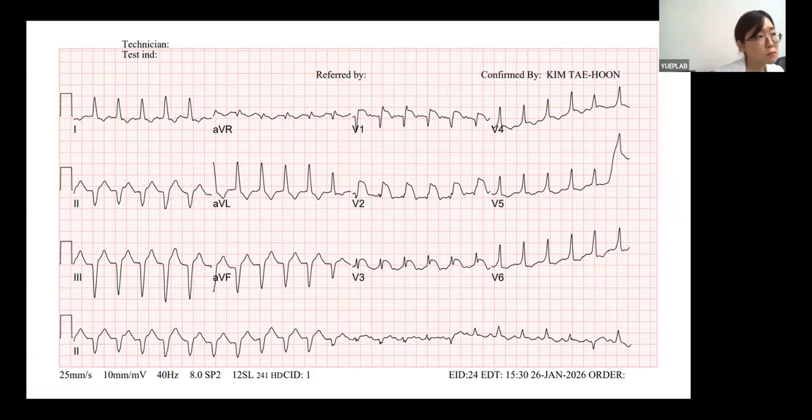So then what do you take the first wide QRS to be? Is it ventricular rhythm, aberrancy, pre-excitation, paced rhythm? What is your differential diagnosis?